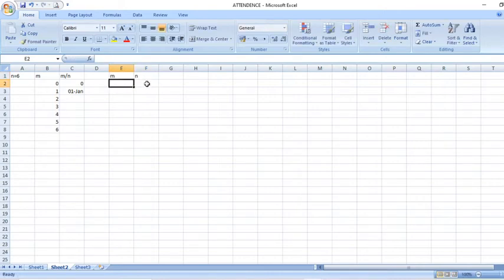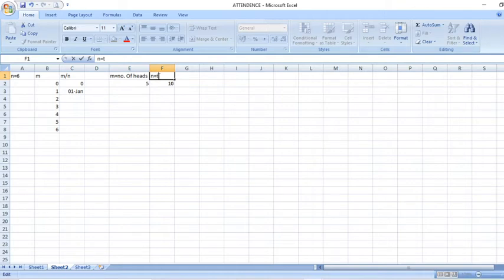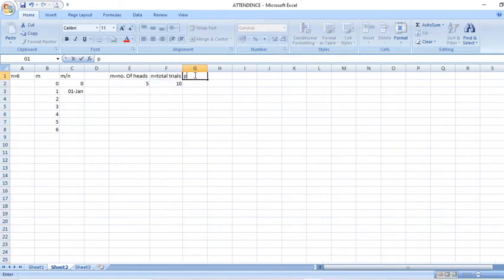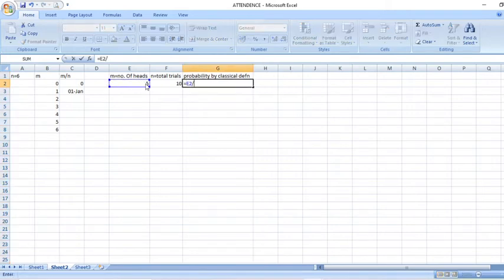Suppose we are tossing 10 times, and if you obtain 5 heads, what will be the probability by the classical definition?